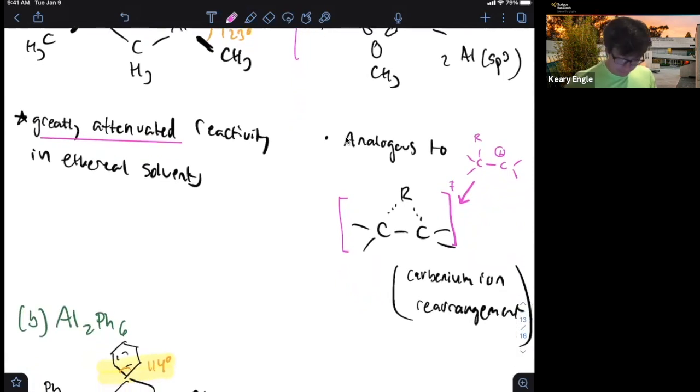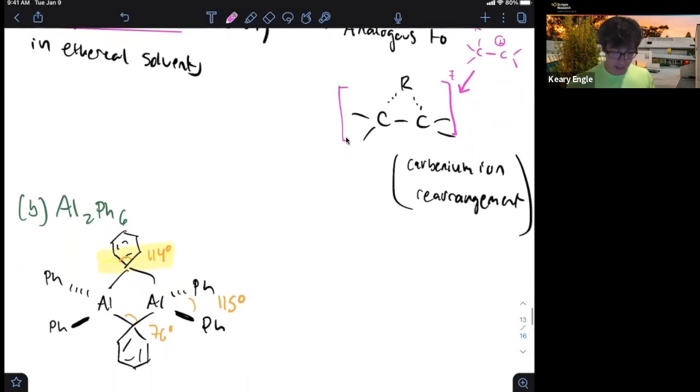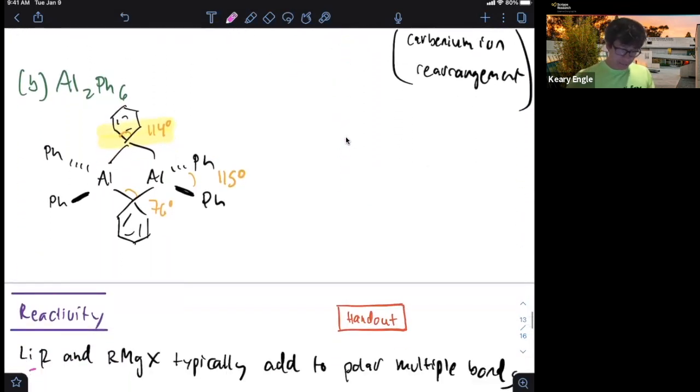Eventually, it was learned that shifting away from these solvents really turns on reactivity, and that's how they're often used in the present day.